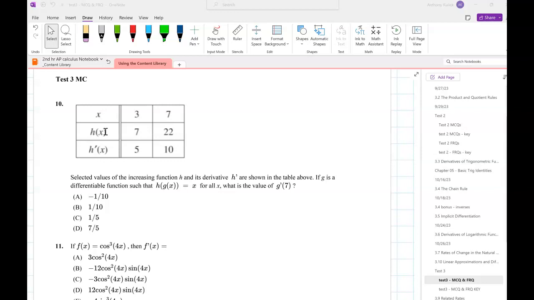Then we want to know about g prime, so we divide this part over to the other side. That gives me this formula.